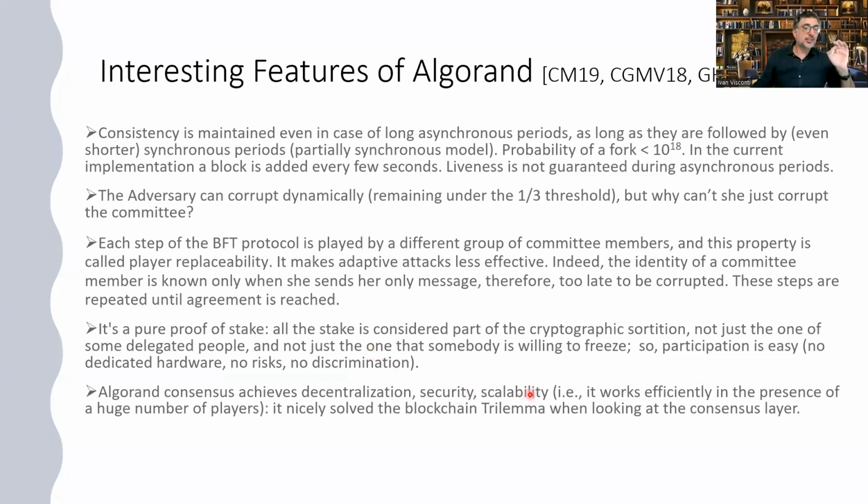Therefore this has been proposed various times as a trilemma solver, because you get the three properties together, which was very hard to get. This is true, but scalability here means that everyone can participate in the consensus. Even a large number of people can participate. Nobody is out. And still the consensus is efficient.